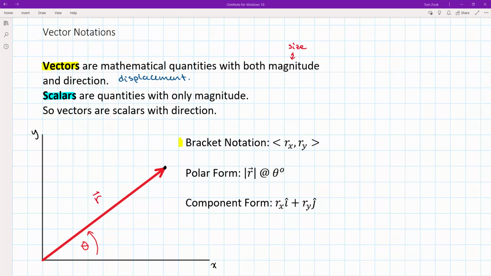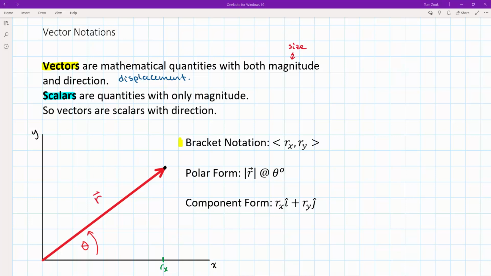Well, we can do the same thing here. If I want to say that on the x-axis, the distance from the origin to that point is rx, then that's my x component of the endpoint of my vector, but it's also going to be a position in space.